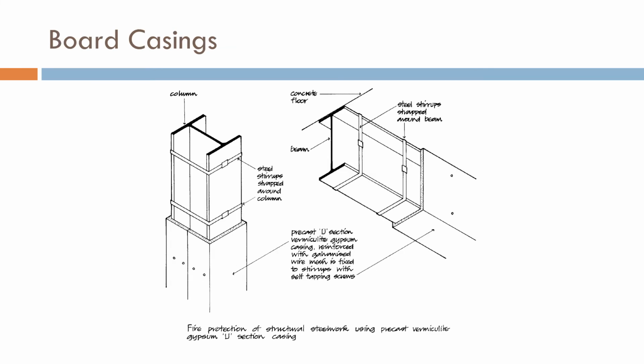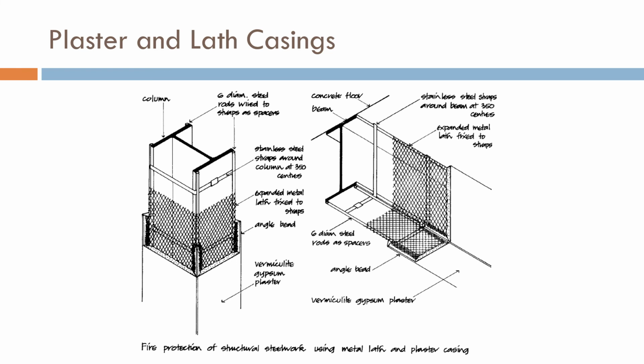And this is another kind of board casing, in which the sections which are being used to protect the structural steel members are precast. Now here they have put a lath or a mesh before the board casing to provide further insulation to the structural members.